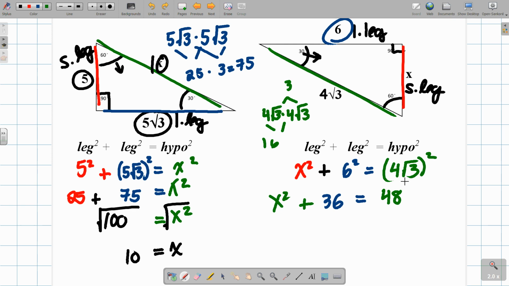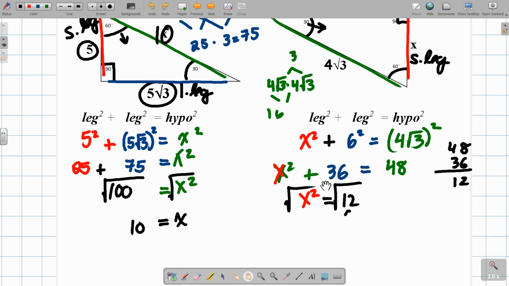We're going to solve x squared minus 36 both sides. 36 from 48 is 12. We square root.